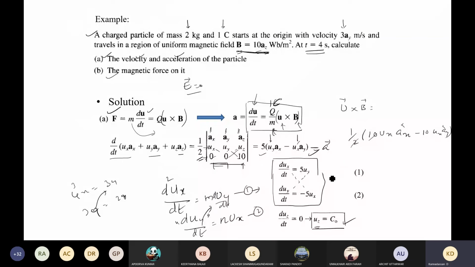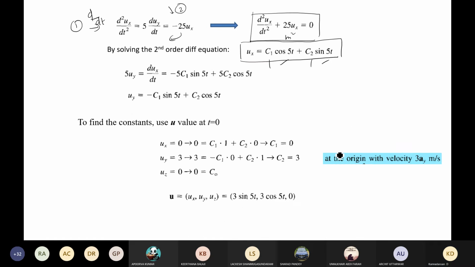Here, if you differentiate with respect to time, you will get this uy, and this we can bring to the denominator. So you can write that uy is nothing but 1 by n into dux by dt. That is what is done over here.